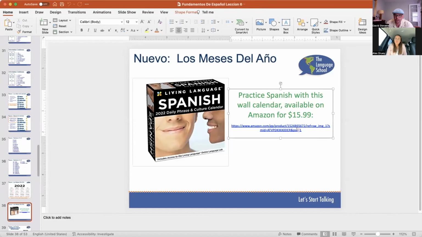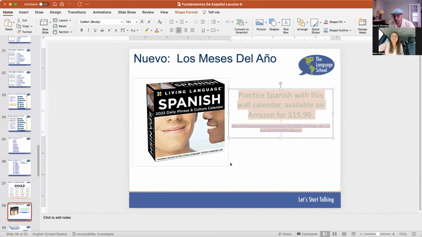Okay, so here, this is just kind of a fun little tip. I'm going to pop this into your chat for you. You can actually get calendars on Amazon that are dedicated to Spanish. This one's a desktop calendar, and it's only like 15 bucks. It's a way to incorporate Spanish into your daily routine.